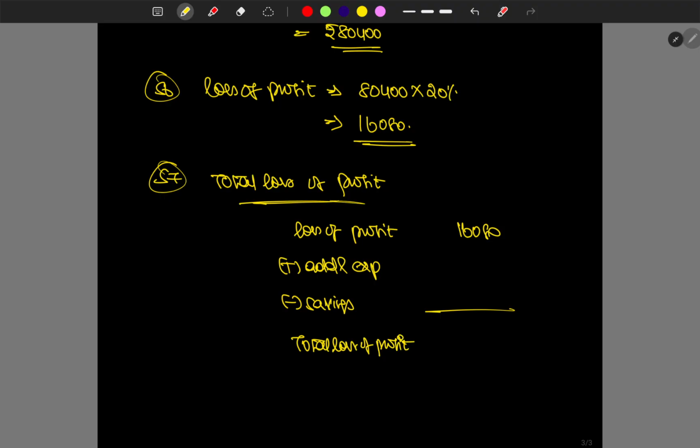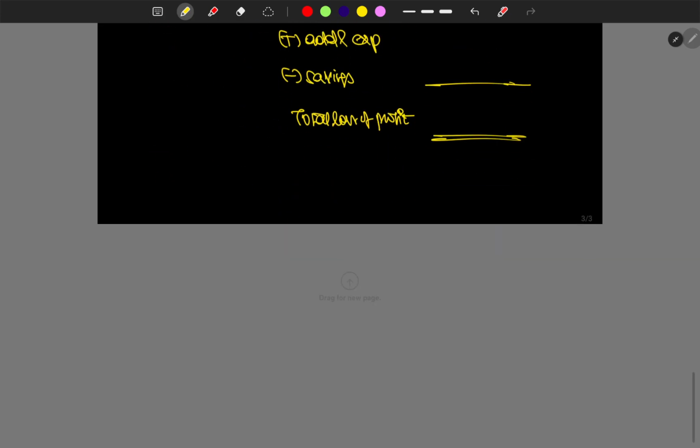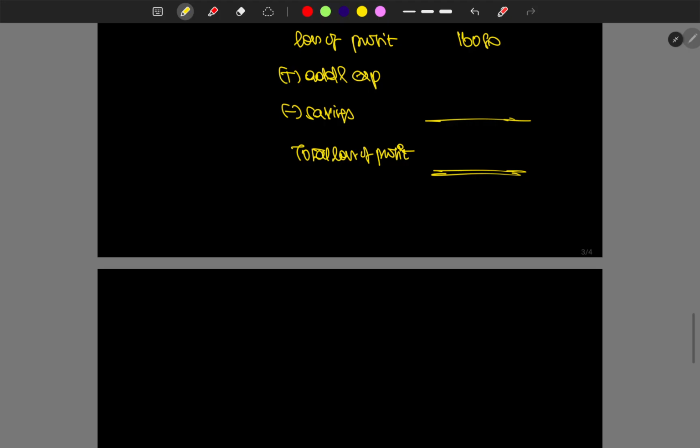So now we have to find out the additional expenses, which is the least of the three values.